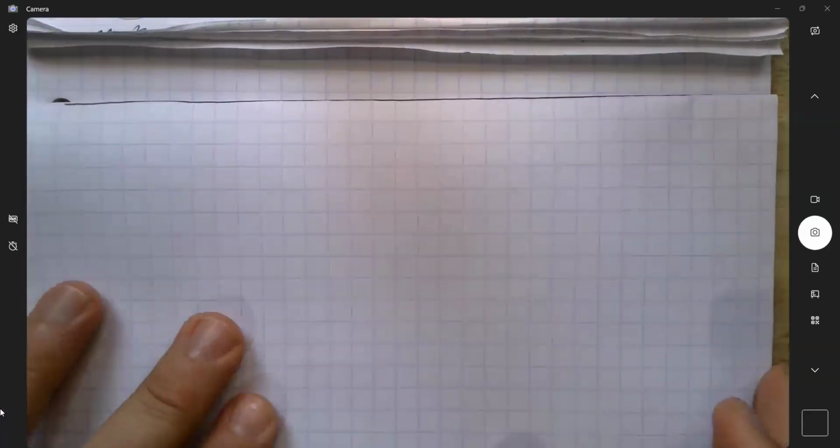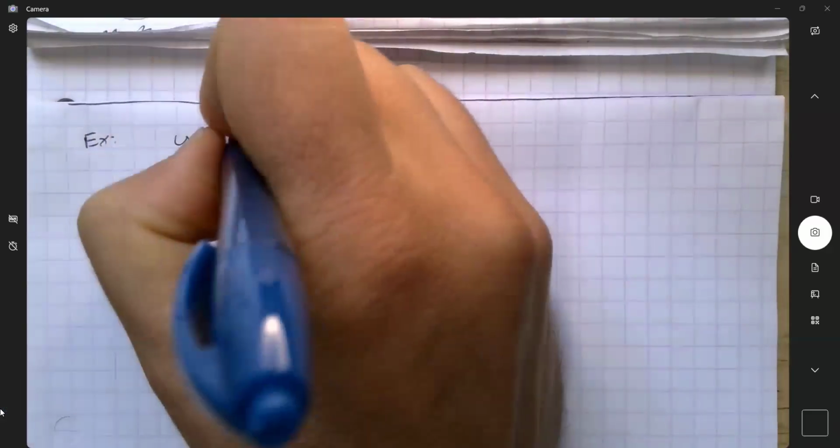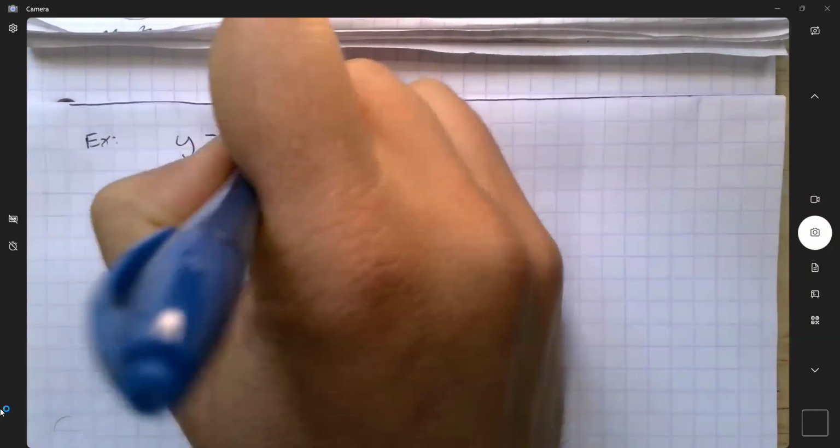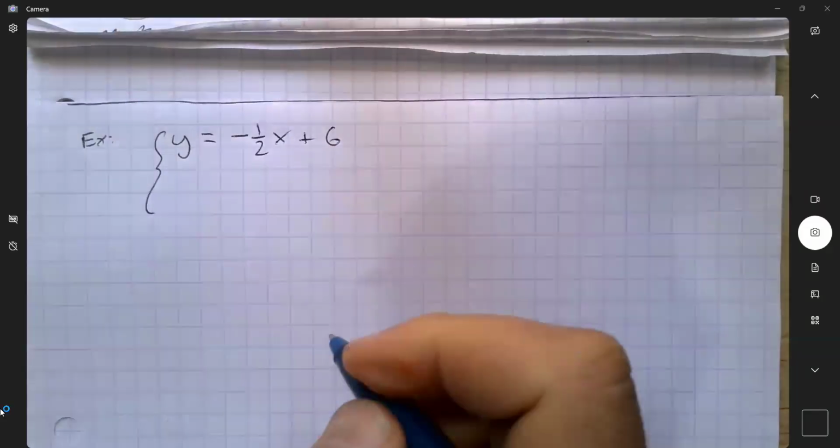I wrote my first system of equations both in standard form, but it doesn't have to be that way. It could look something like y equals negative 1/2 x plus 6 is my first equation.